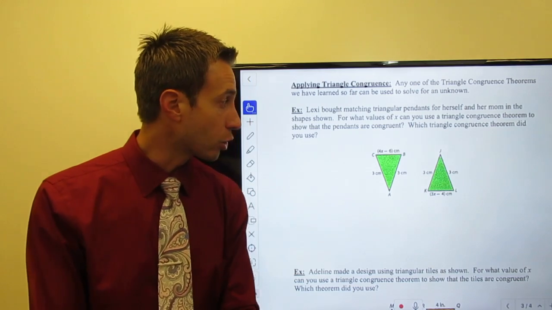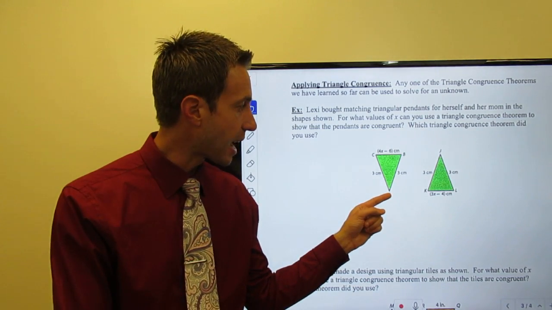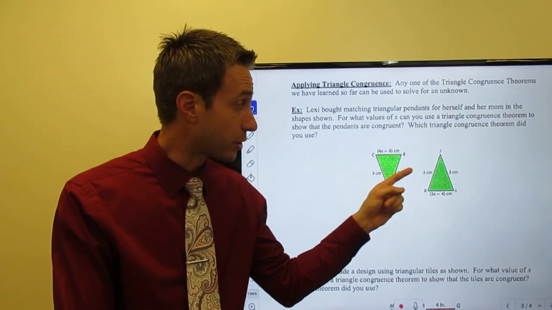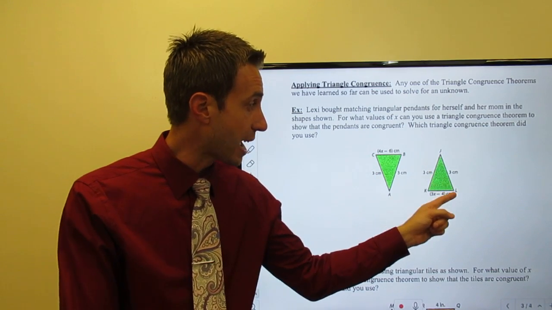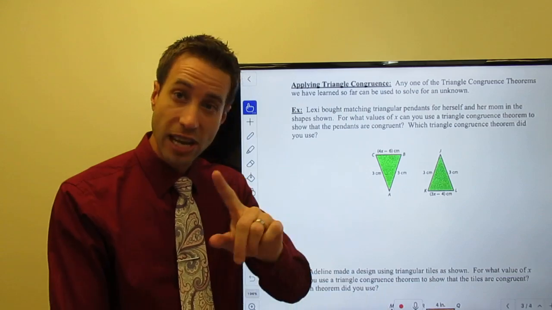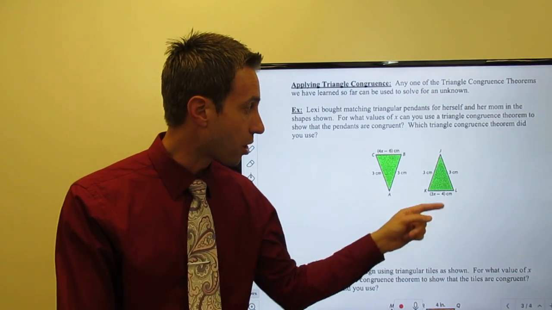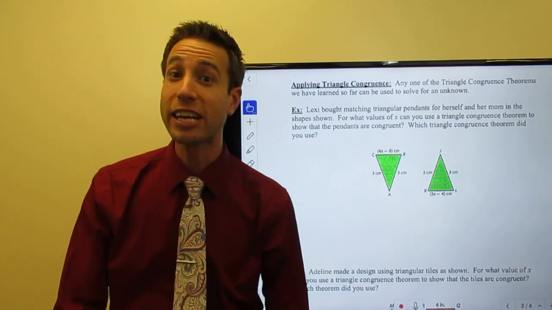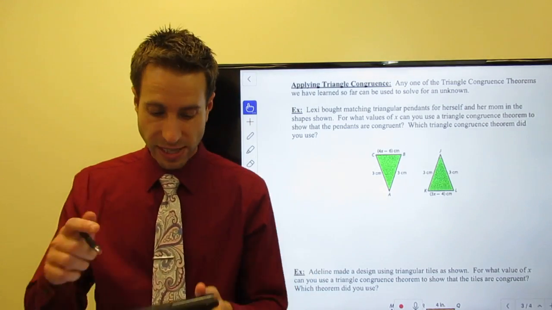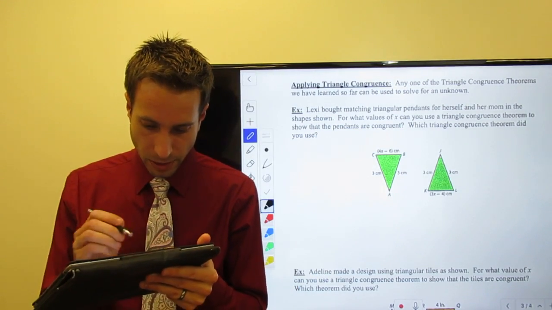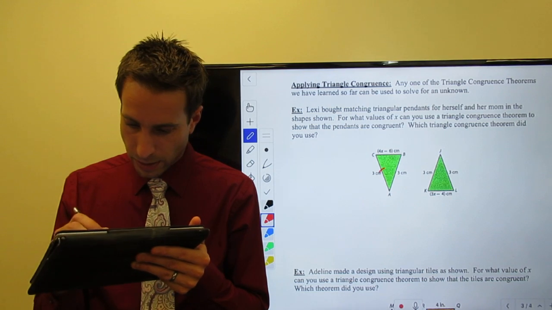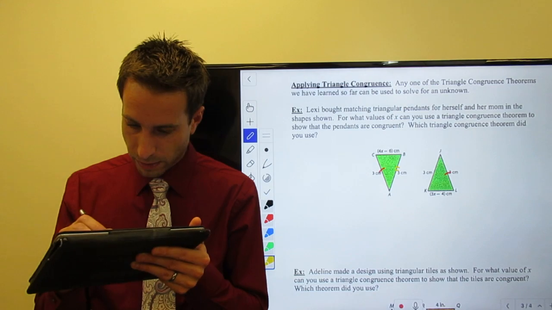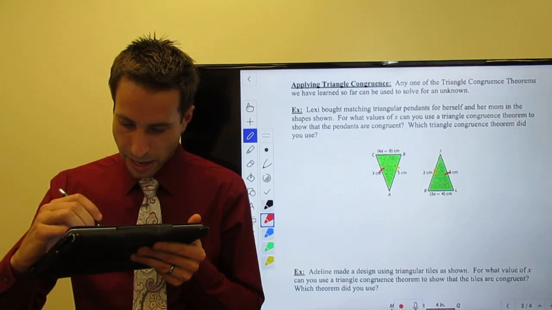Well, I quickly take a look at this, and here's what I see. I see that side AC corresponds to side JL, and they're 3 centimeters each. And same thing here, AB corresponds to JK, and 3 centimeters. So I've already got two of the pairs of sides congruent. So this one and this one, this one and this one. Let's go ahead and do those.